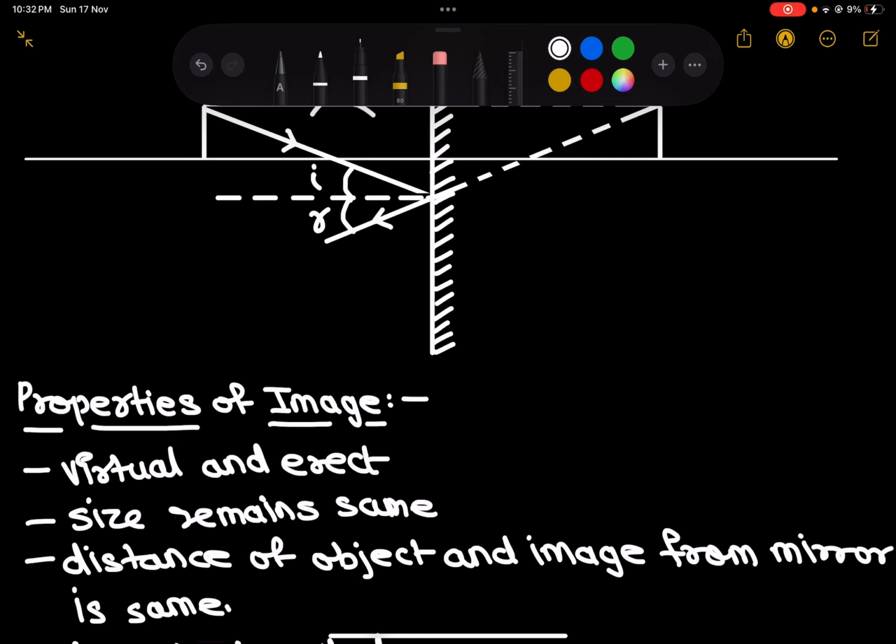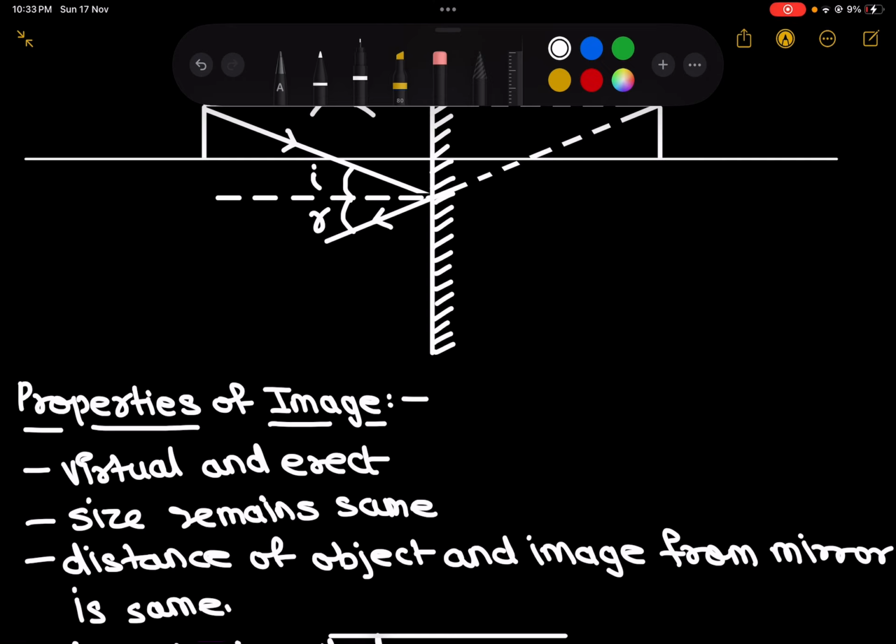That means it is flipped horizontally. So hence it is known as laterally inverted. It is a laterally inverted image. So these are the 4 important properties of an image. If you don't write any of these, you will not get marks in your exam. So make sure you remember all of these. Understand them and you will remember them automatically.